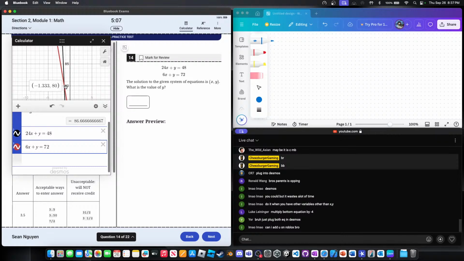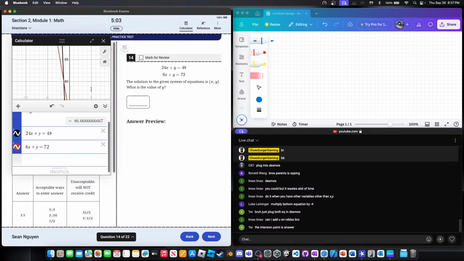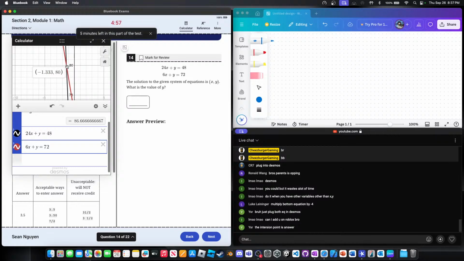Just plug both equations in Desmos. Yeah, I know. But like, intersection point is the answer. Just wanted to do the written method. So I think that's our answer here, 80.